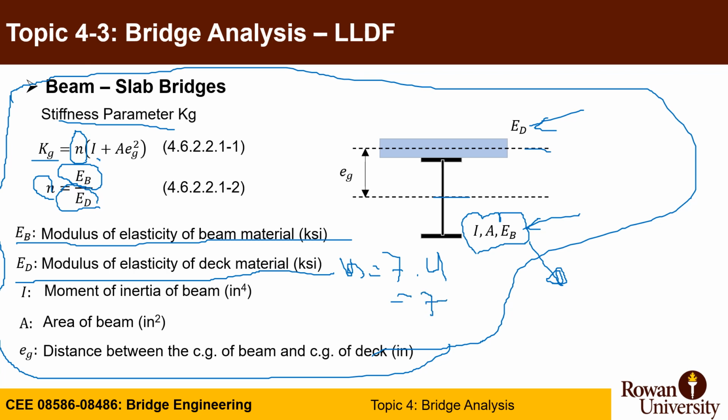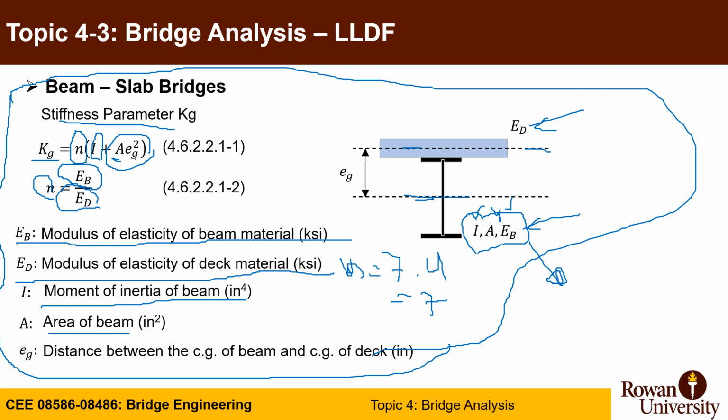You have I, which is the inertia of a steel girder or girder in general. Area A, which is the area of the beam, which is all defined here, times eg squared. eg squared is the distance between the centroid of the girder to the centroid of the deck.